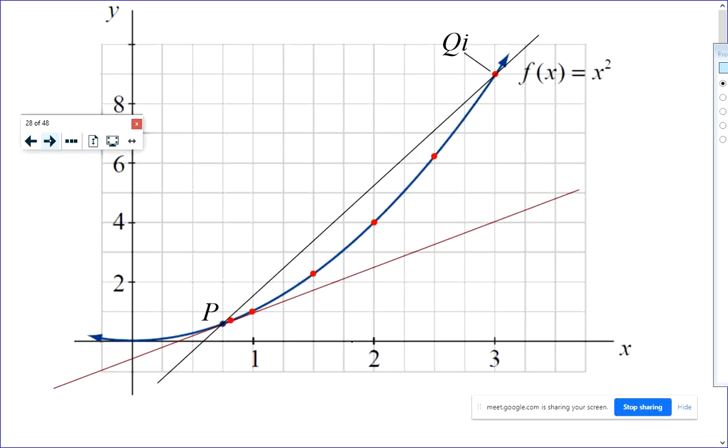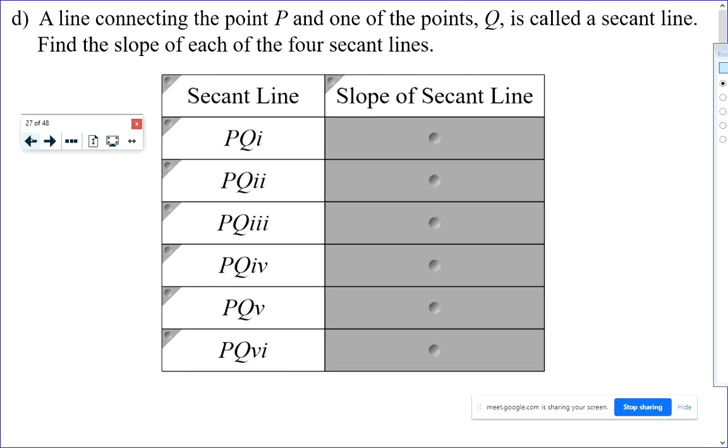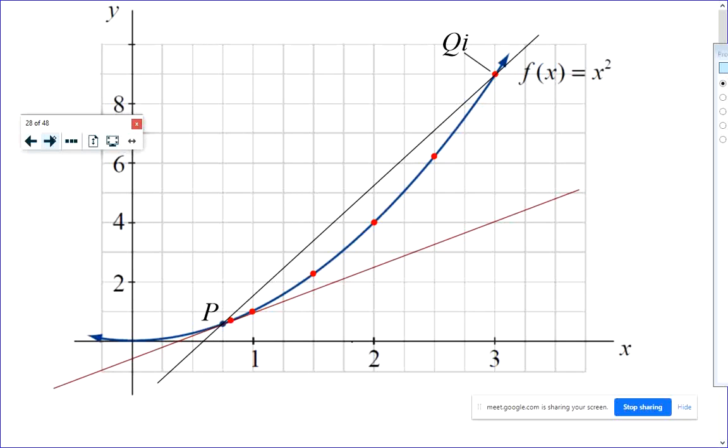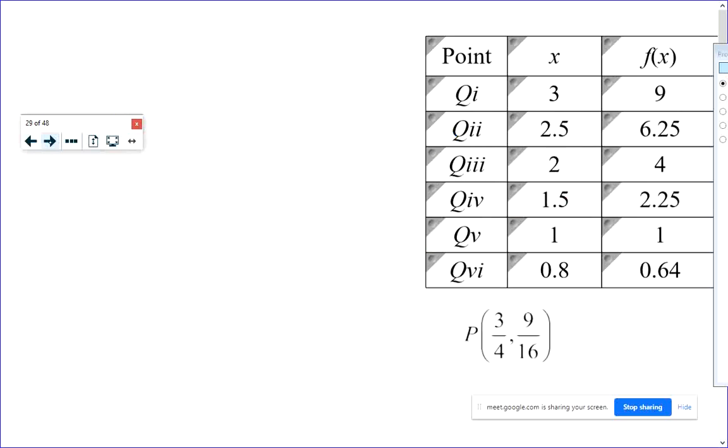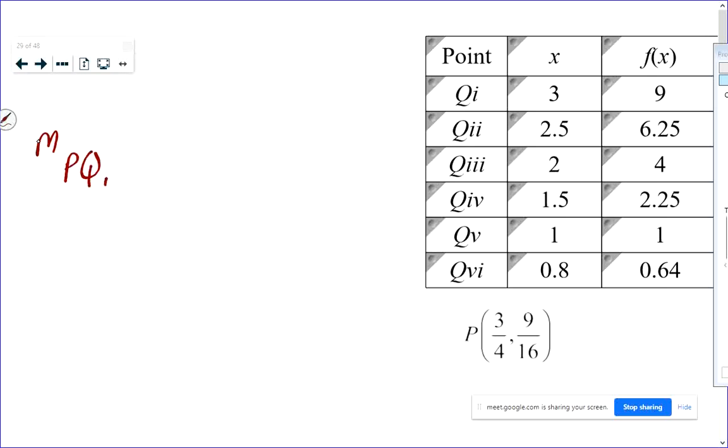It's not a tangent line, okay? What you are asked to do is find the slope of each of these 6 secant lines. Now let me explain what that means. We know, I'll do the slope of the secant between P and Q1 together with you, okay?